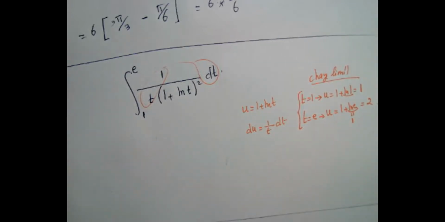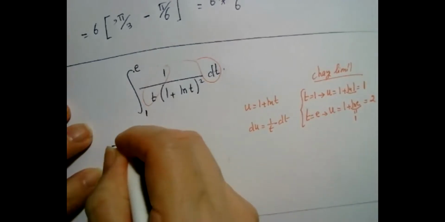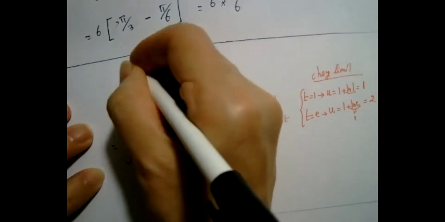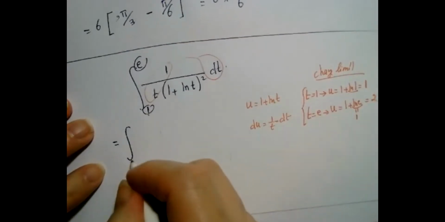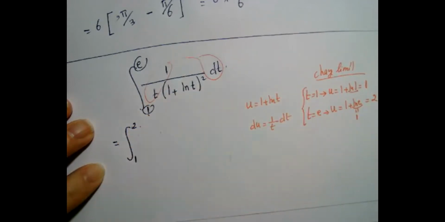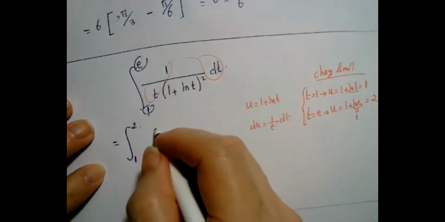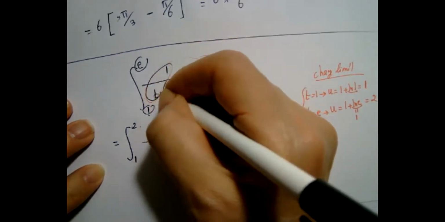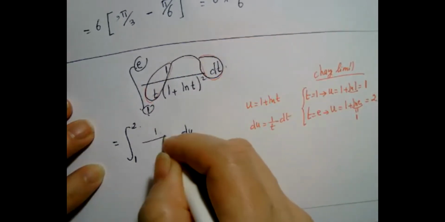And now I'm going to transform my whole integral into an integral in u, and since I'm changing my limits, I will be safe. So my 1 becomes a 1, my e becomes a 2. And now, the 1 over t dt, this combination, is my du.